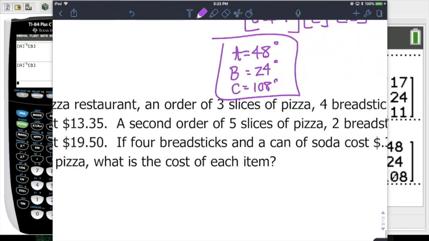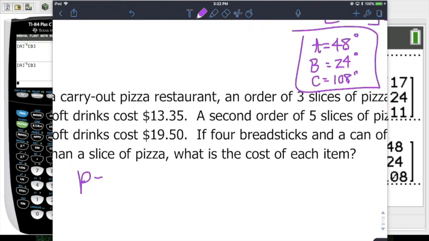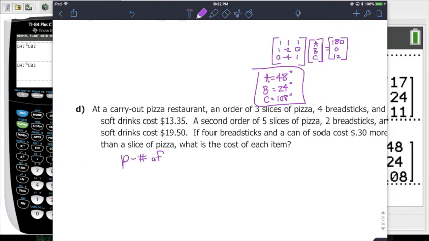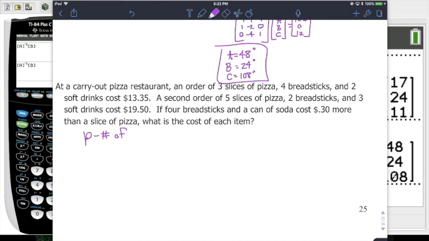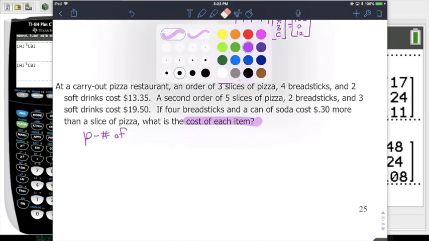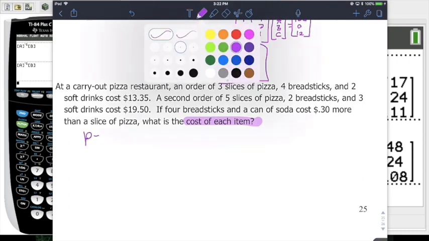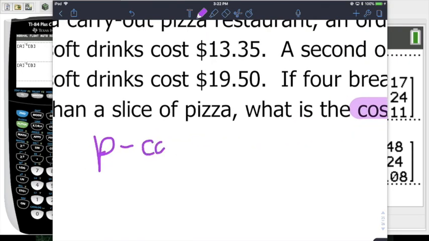So let's say P for pizza. Number of, or wait, what are we trying to find here? So go look at what you're actually trying to find here. It's the cost of each item. So instead of P the number of pizzas, we need to say P is the cost of pizza.